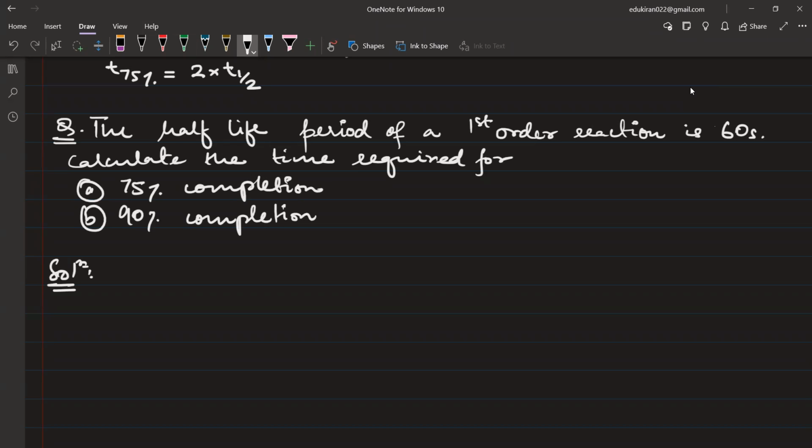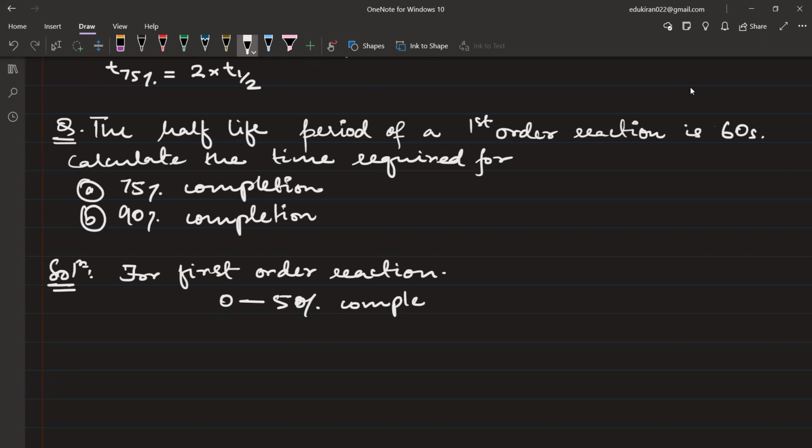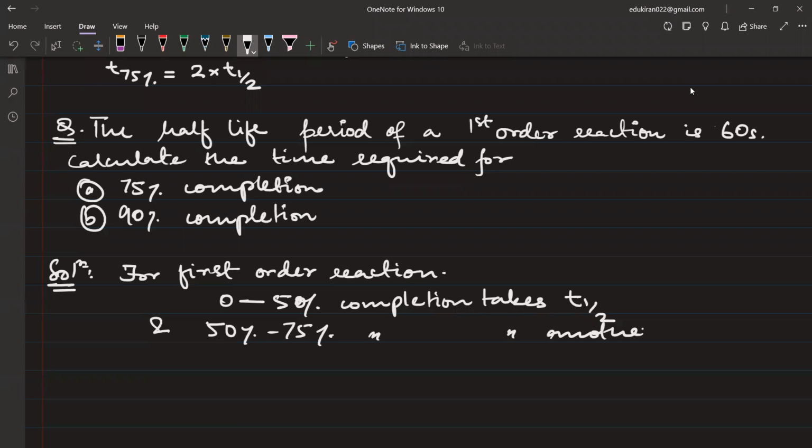First thing is that what you can directly say, you can say that for a first order reaction, 0 to 50% completion takes T half, and 50% to 75% completion takes another T half.